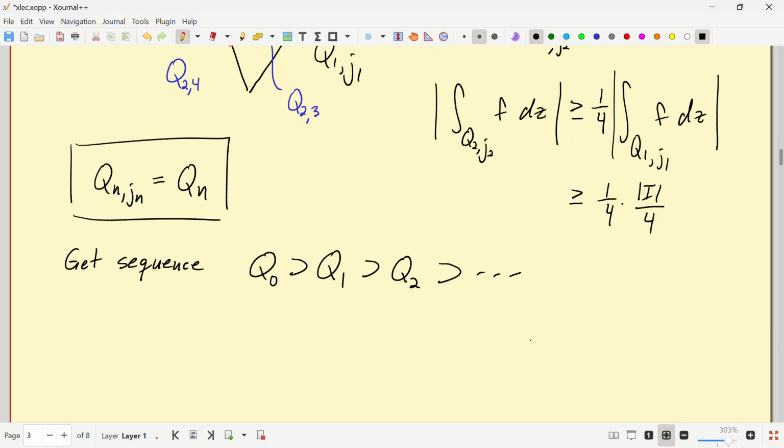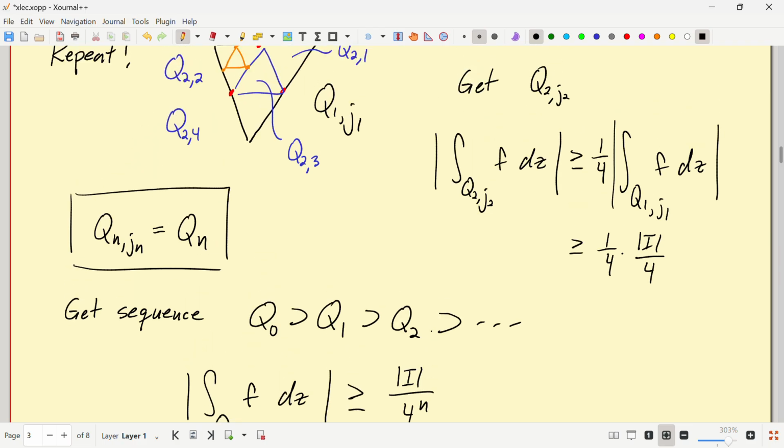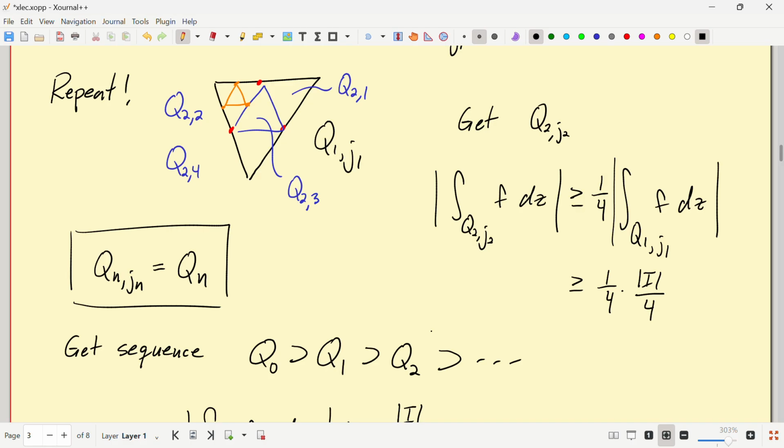And that inequality is going to show me that the integral around the nth one of f dz, one time was a 4, two times was a 4 squared, n times is going to be a 4 to the n. If I go back to this picture here, I'd pick one of these, and then I'd do it again here.